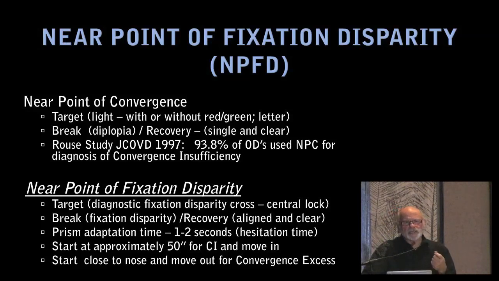And I use a little reminder to create both arousal and awareness of clarity to enhance the measure's definition. I take them till the break when a fixation disparity starts to manifest, and I bring them back until it's recovered, aligned and clear. Again, prism adaptation time is that 1 second or a touch more. I like that hesitation time.